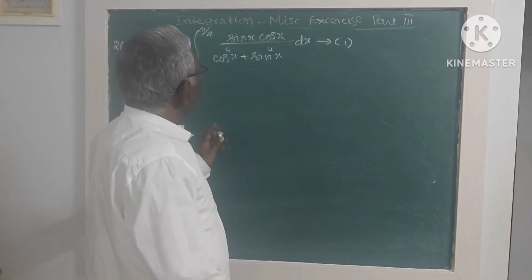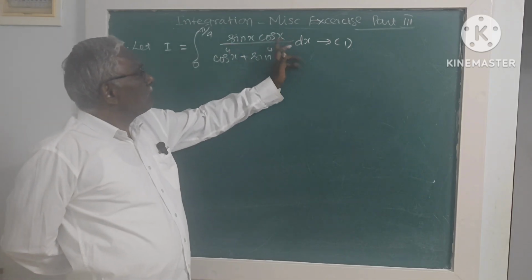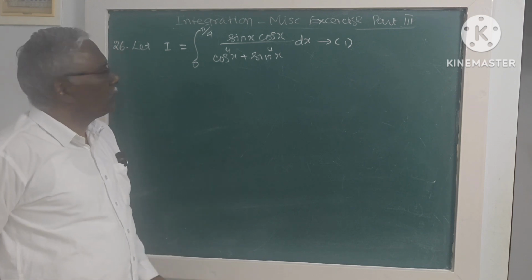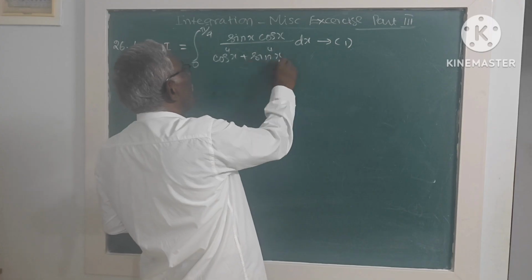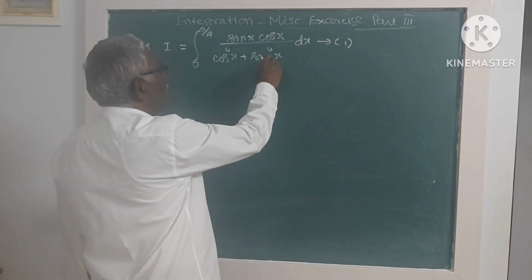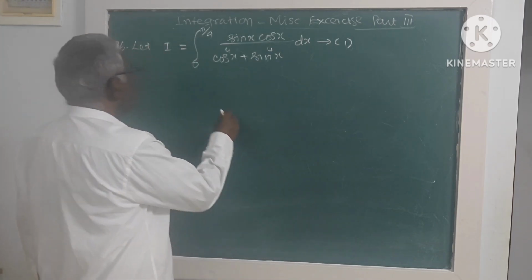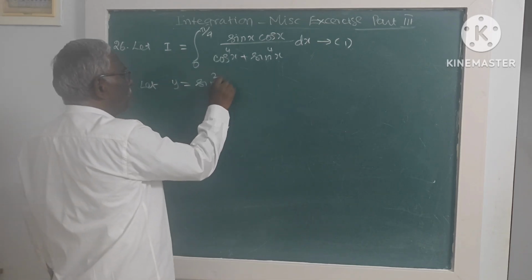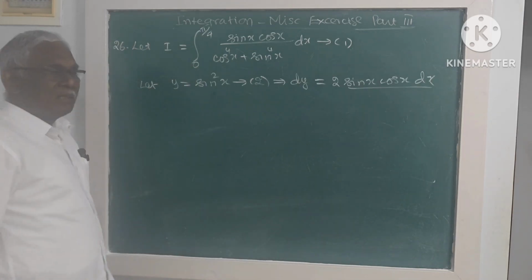So in this problem, we have to evaluate integral sin x cos x by cos power 4x plus sin power 4x with respect to x. So what you should take as y so that the numerator becomes part of dy? We take sin square x as y, let y is equal to sin square x. We have to change the limits also.